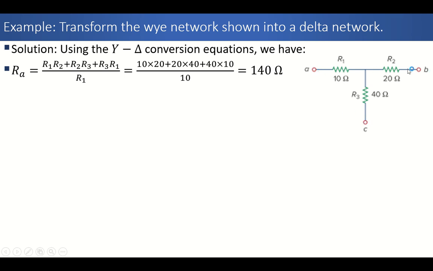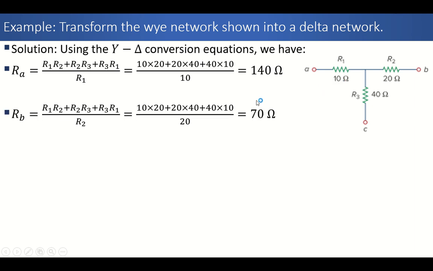This is terminal B, the resistance connected is R2. This is terminal C, the resistance connected there is R3. So simply 10 multiplied by 20 plus 20 multiplied by 40 plus 40 multiplied by 10, divided by R1, that is 10. So this will be 140 ohm.